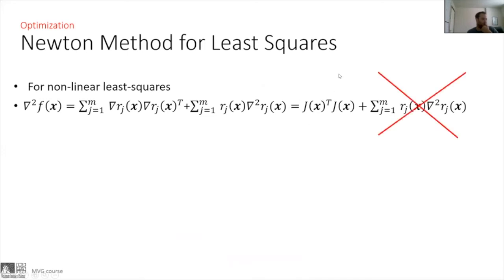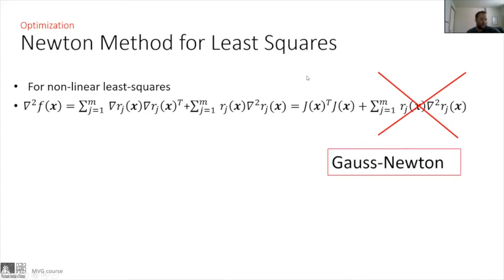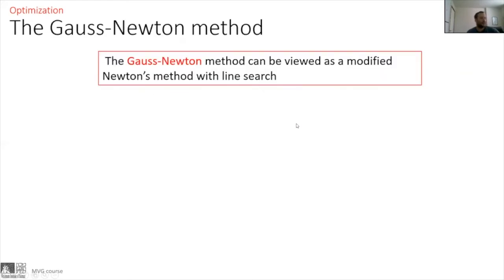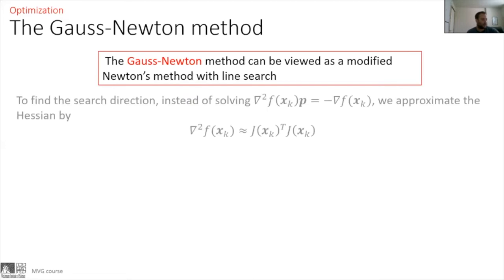So what we are going to do is ignore the second term in the sum, the second order information, and just approximate the Hessian by the Jacobian transpose times the Jacobian. Actually, this is called the Gauss-Newton method, which is a very simple modification of the Newton method, and we will see in a minute the advantage of the Gauss-Newton method.